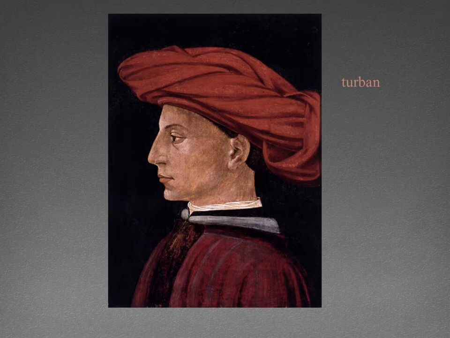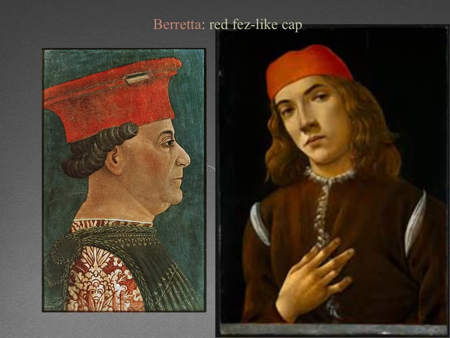And this kind of looks a little bit like our chaperone liripipe from our Gothic era, but this is a straight up turban, a big old rectangle of cloth that's wound around the head, and the shape is made by the winding. Here's another distinctly Italian fashion, this little fez-like cap called a berretta, and it can have this kind of lip on it, or it can be a little bit more pillbox shaped.